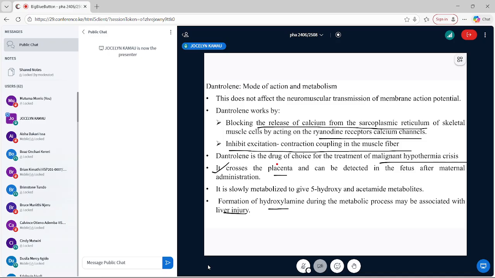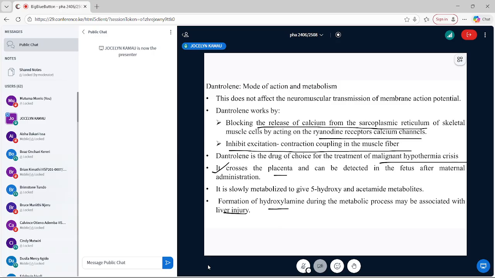When you hydroxylate an amino group, you get a hydroxylamine, and the hydroxylamine is usually carcinogenic. Again, it is an electrophile. It can bind tissues. And we are saying for dantrolene, that metabolite can be responsible for its liver injury or liver toxicity.